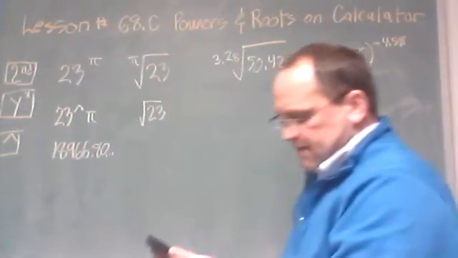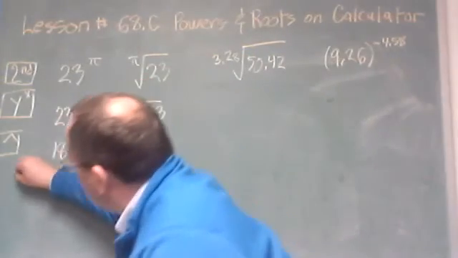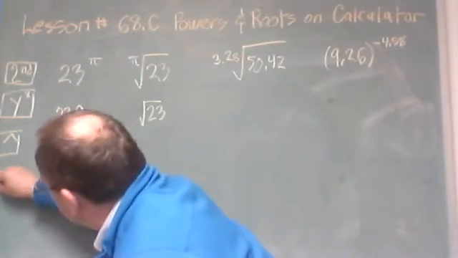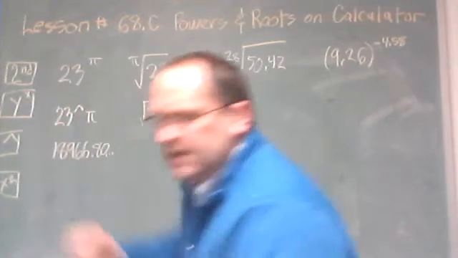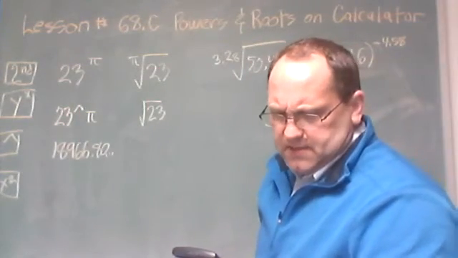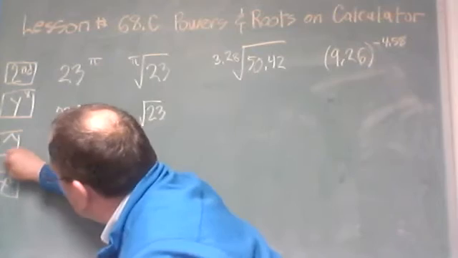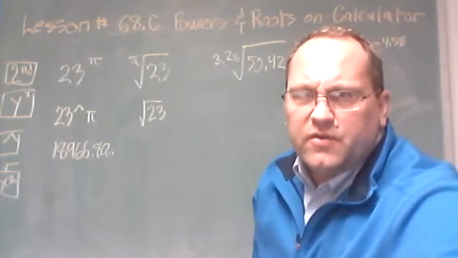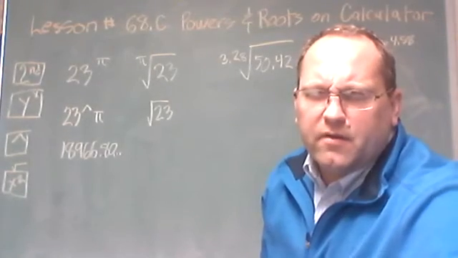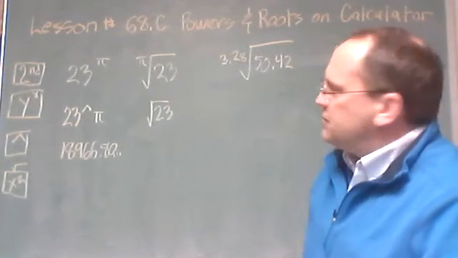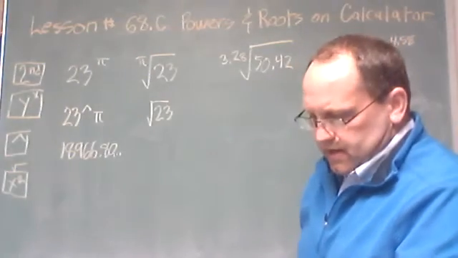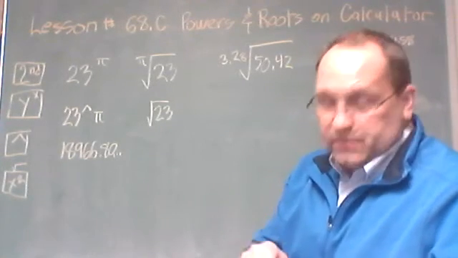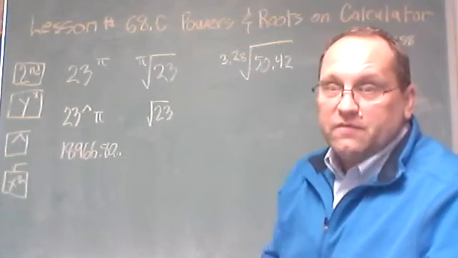Then I've got a button here that's x squared, but the second function on that button is the square root symbol. Sorry, let me move my screen a little. I'm running off the board there a little bit, I see. So if I'm going to take the square root of 23 on my calculator, I have to do the square root function first before I put the numbers in.